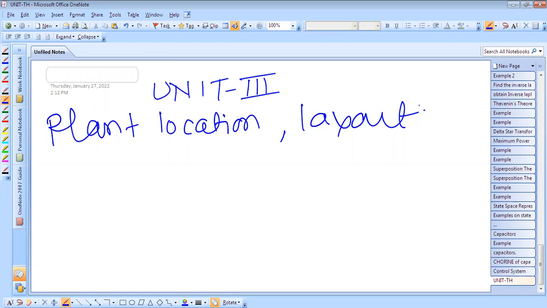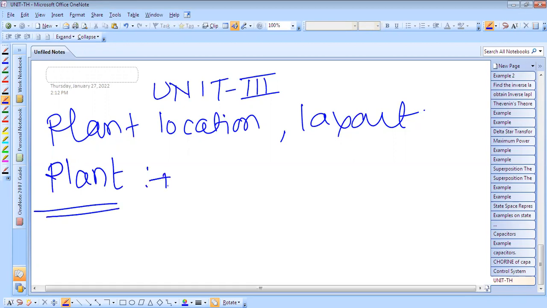You know the plant. What is a plant? A plant is a place where men, material, machine, equipment, machinery, etc. are brought together for manufacturing products. That is called the plant. So if you visit any plant, we will come across different equipment. There are the men, means workers. Okay.